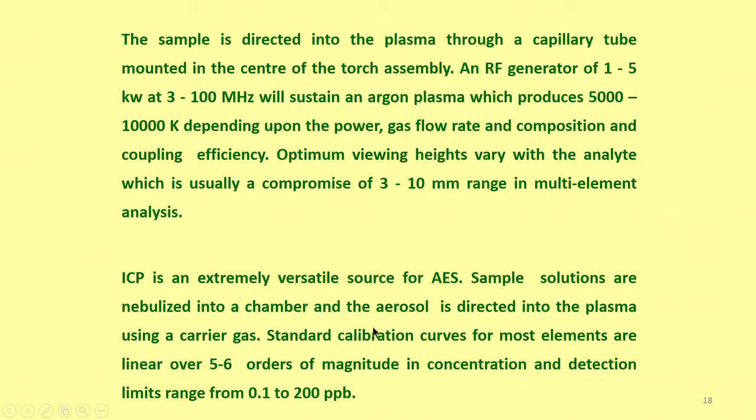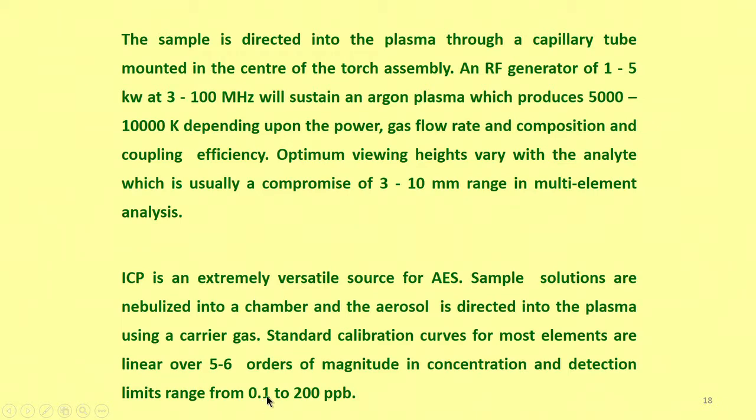Okay. So, then what you should do? Measure the emission, and standard calibration curves for most of the elements are linear over 1 ppm, 10 ppm, 100 ppm, 1000 ppm, 10,000 ppm, 6 orders of magnitude in concentration, and detection limits are 0.1 ppb.